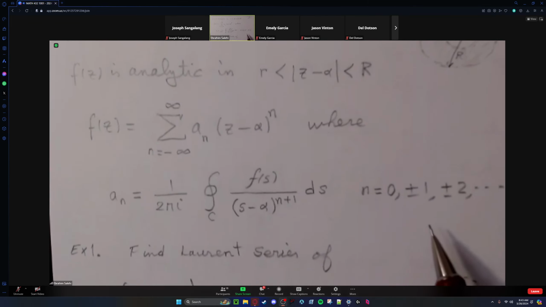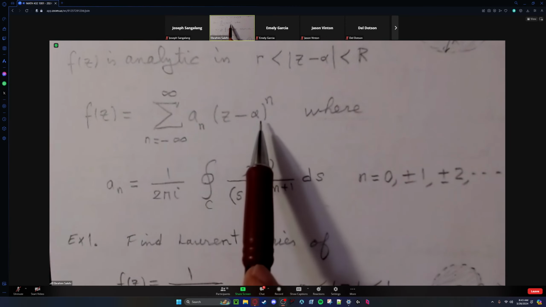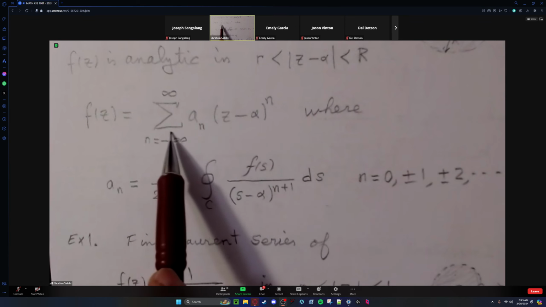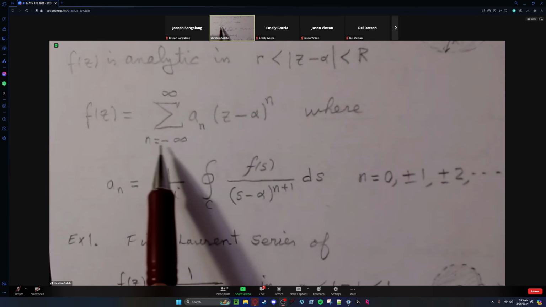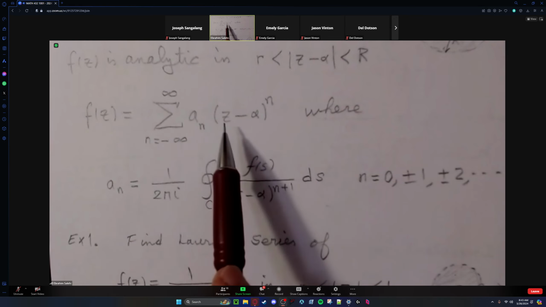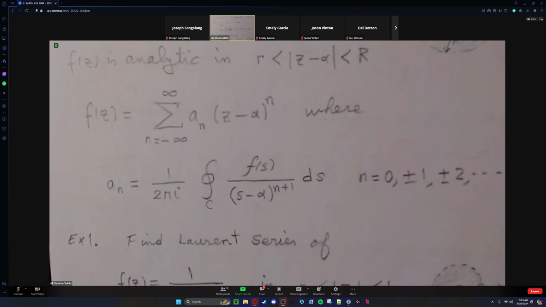But in that series, for the Taylor series, it starts from n equals 0. But here we have also negative powers of z minus alpha, which means z minus alpha can also be in the denominator in that expansion. That is the Laurent series.